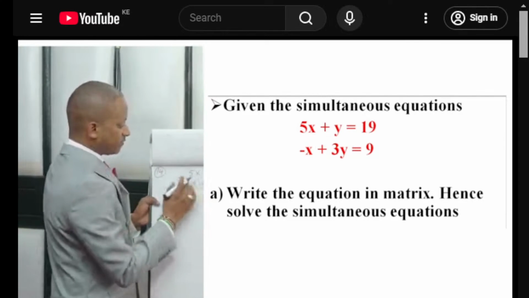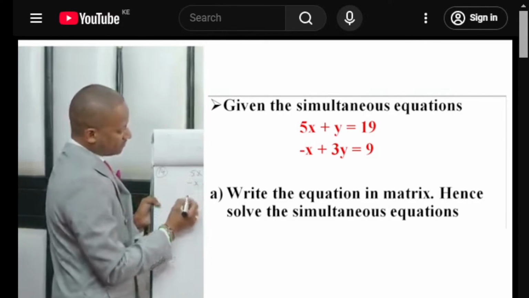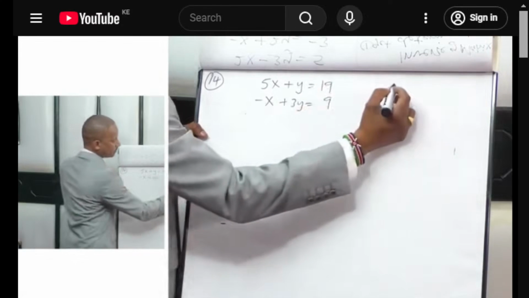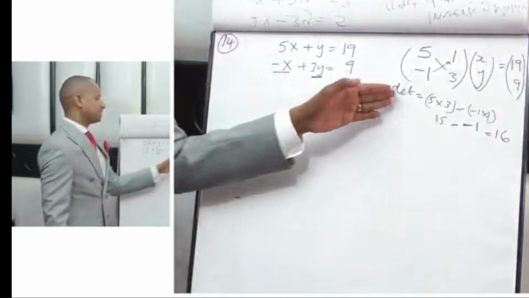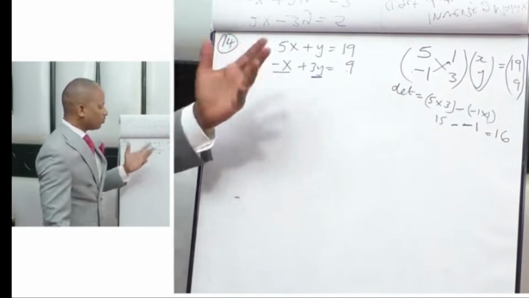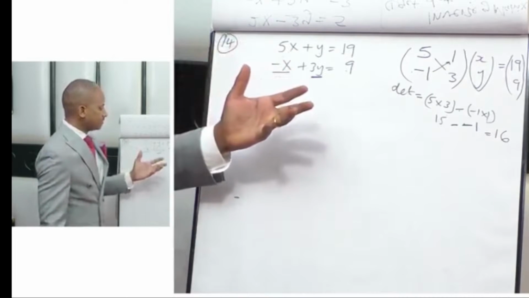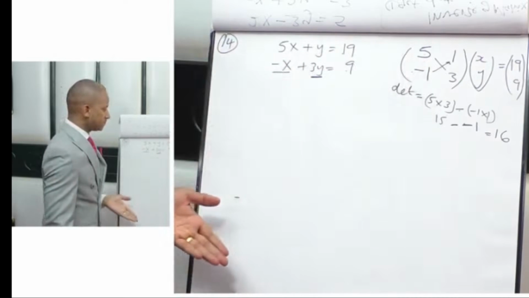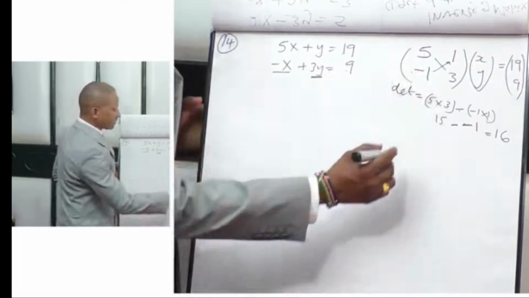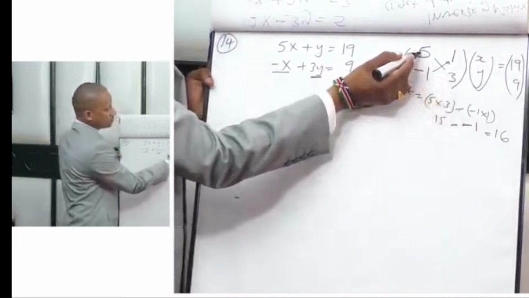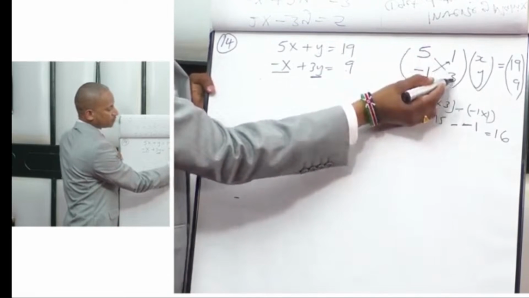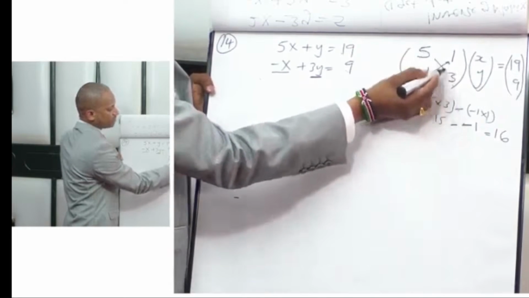In matrix form, you just take the coefficient of x, which is 5. So the determinant is 16. Then what is the inverse of this matrix? The inverse of this matrix becomes: you swap the numbers in the leading diagonal.